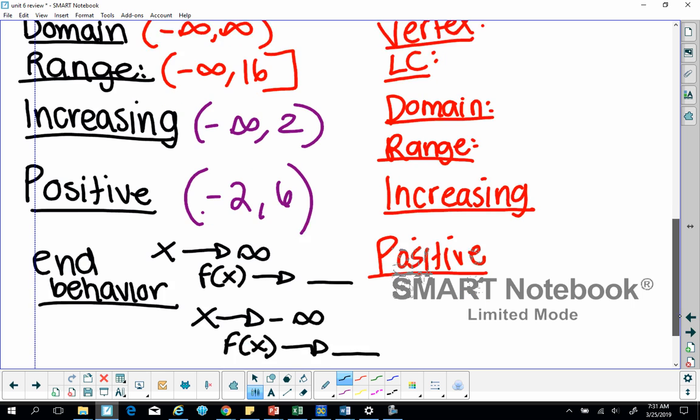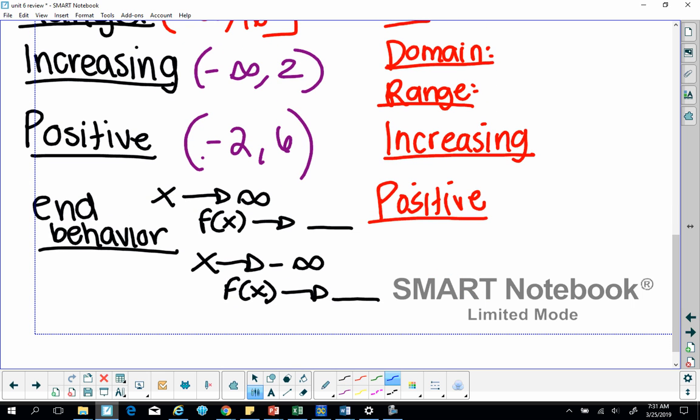Since they're both going down, I would just write they're both going towards negative infinity. If they were both going up, they would both be going towards positive infinity. So it's a little bit different than exponential end behavior. This one, you're just looking at the arrows. Are they going up or down?